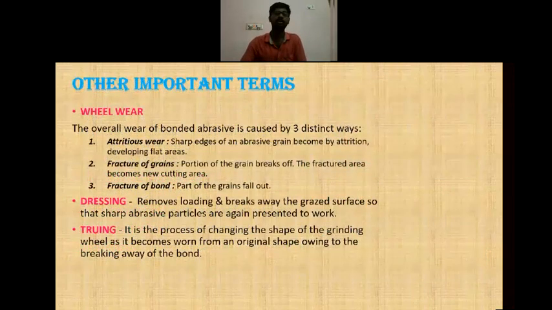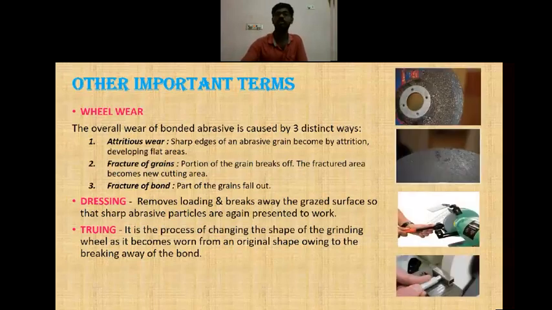And some other important terms of grinding wheel are wheel wear, dressing, and truing. Wheel wear is the wear caused in grinding wheels due to long term use. And the other important term is dressing.